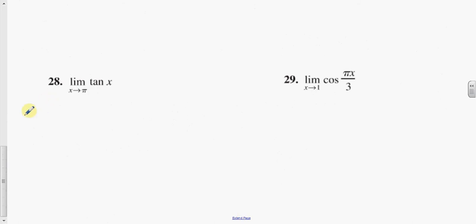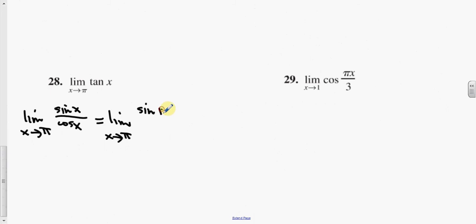We evaluate this one. So the limit as x approaches pi. This tangent can be looked at as sine over cosine. So this is sine x all over cosine x. We get the limit as x approaches pi of sine pi divided by cosine pi.